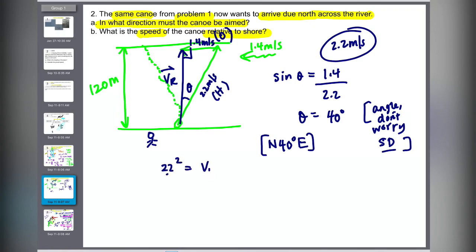So 2.2 squared equals VR squared plus 1.4 squared. So 2.2 squared minus 1.4 squared equals, take the square root, 1.69. So 1.7 meters per second, and the direction is north.